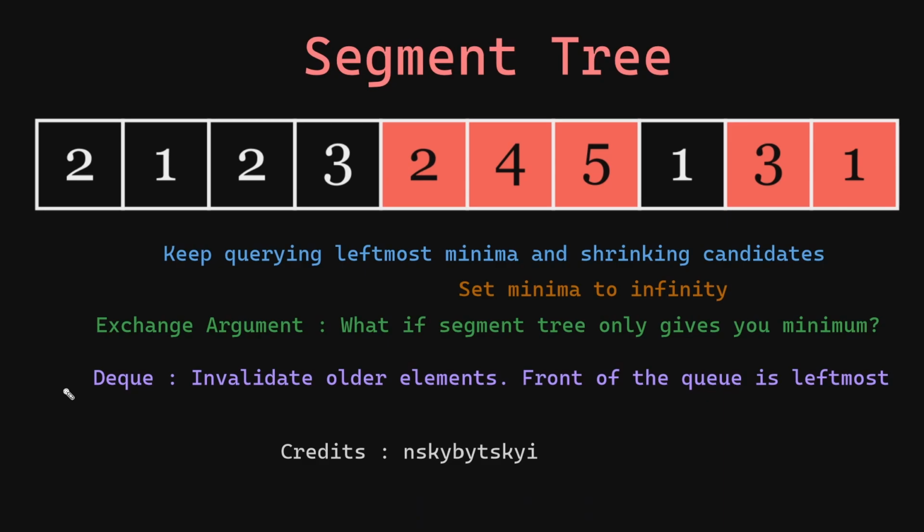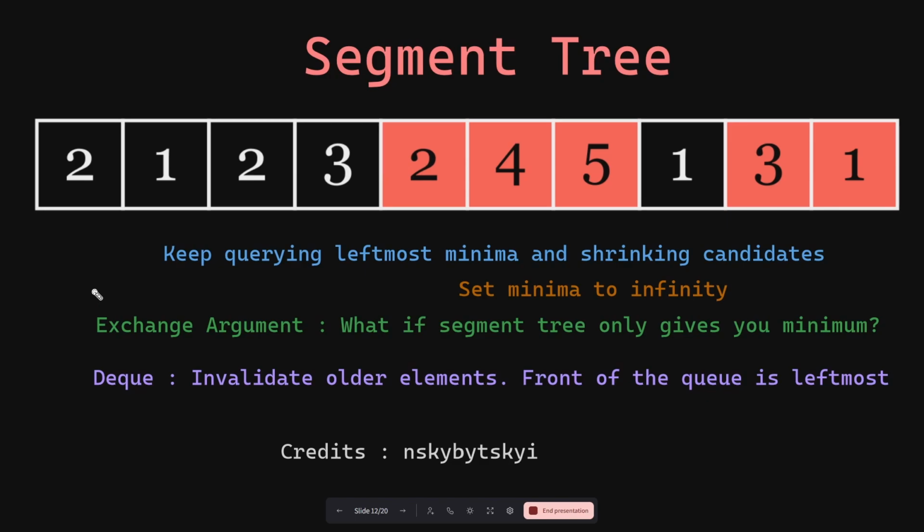But what if you do not have a segment tree that gives you the leftmost minima and you just have a normal segment tree that only gives you the minimum element of a range and nothing else? Would you still be able to solve this problem? It might seem challenging because for exchange argument you also need the leftmost minima.